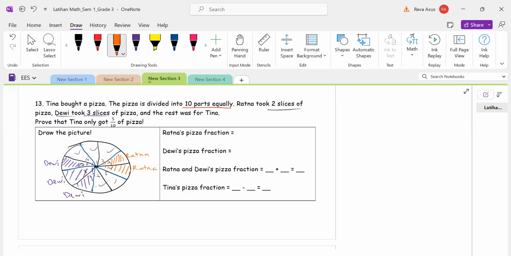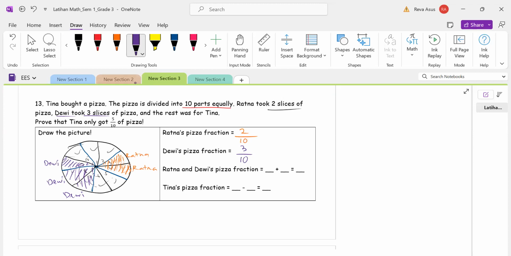Ratna got 2 slices out of 10 equal slices. Then Dewi got 3 slices out of the total 10 slices.